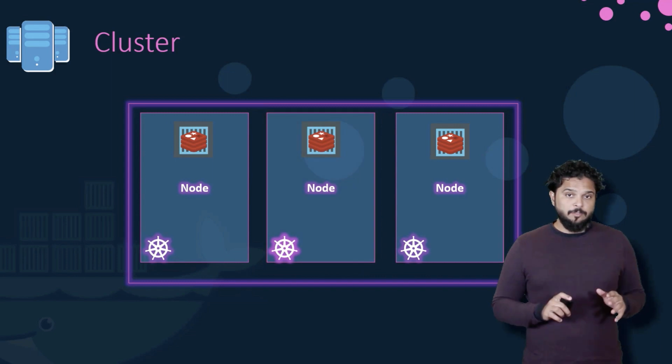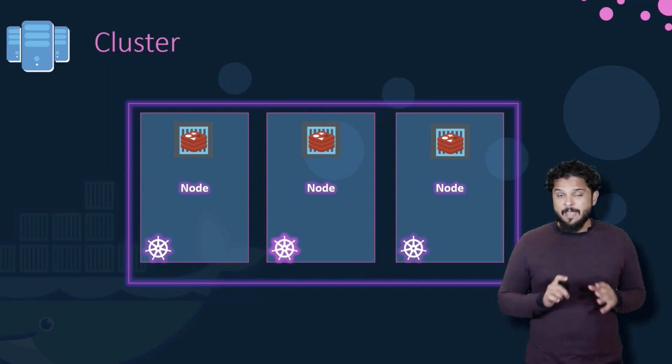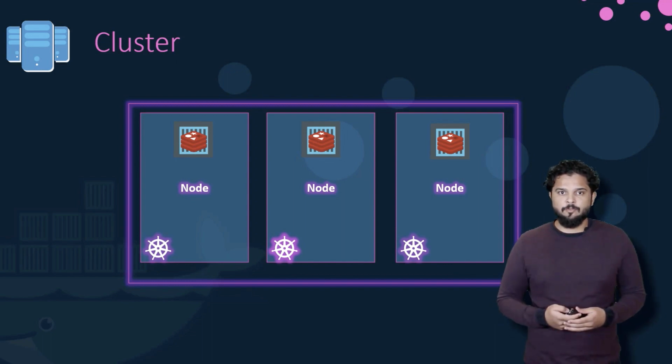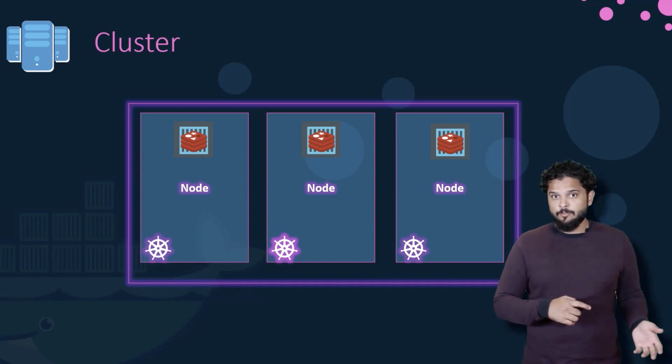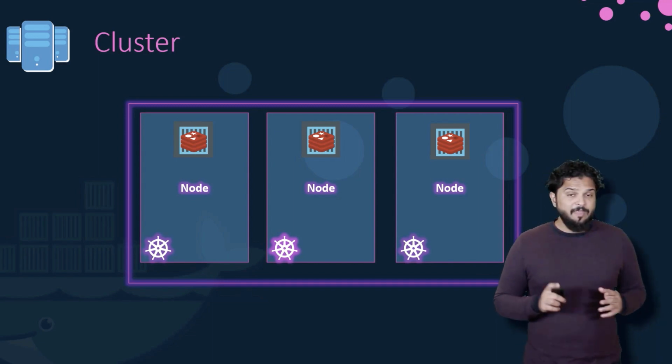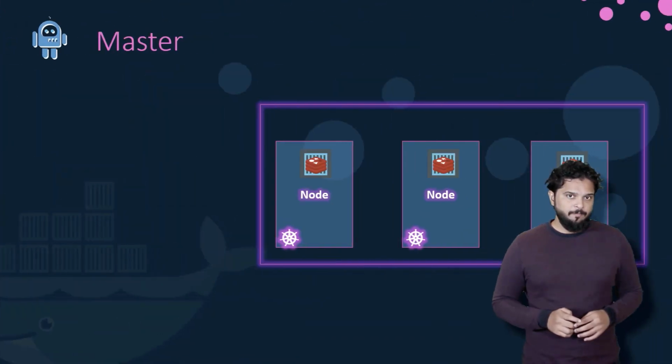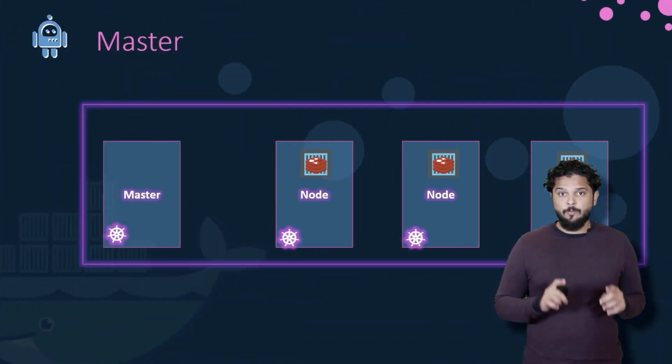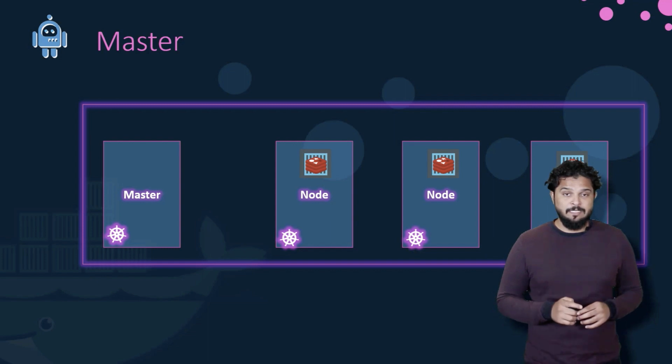Now, we have a cluster, but who is responsible for managing this cluster? Where is the information about the members of the cluster stored? How are the nodes monitored? When a node fails, how do you move the workload of the failed node to another worker node? That's where the master comes in. The master is a node with the Kubernetes control plane components installed.